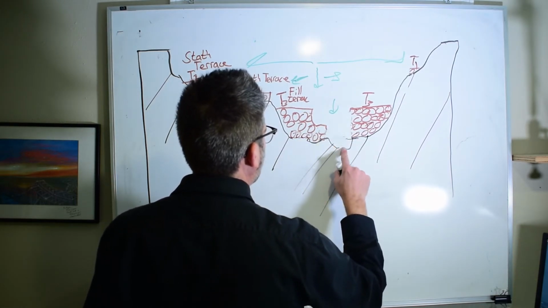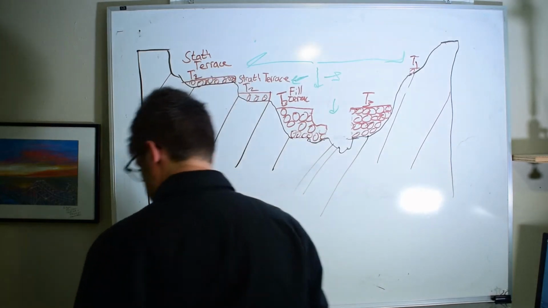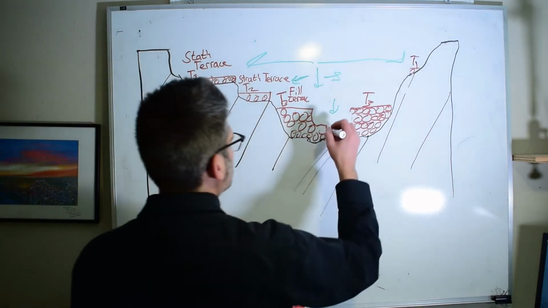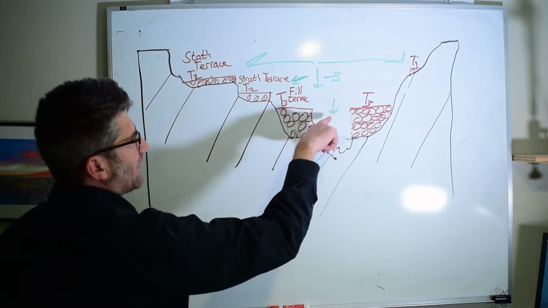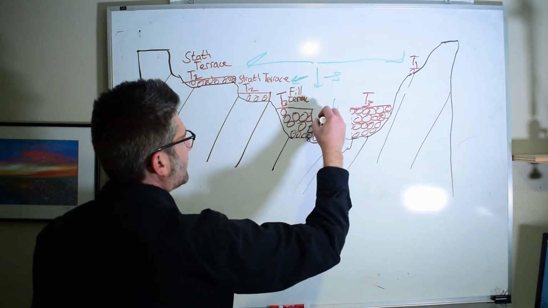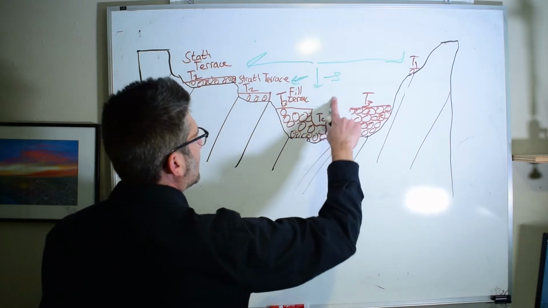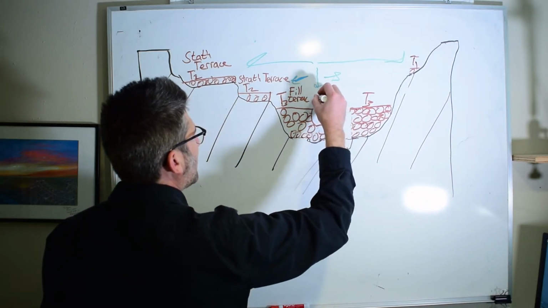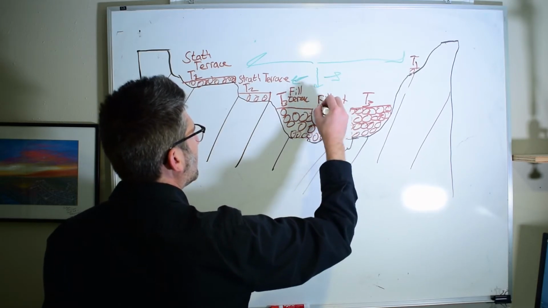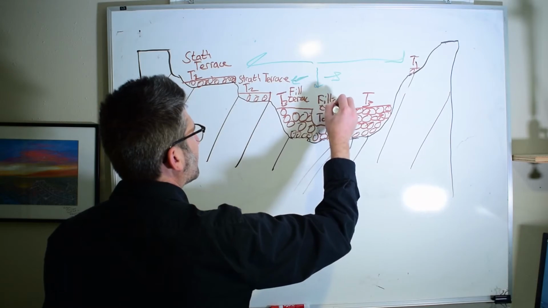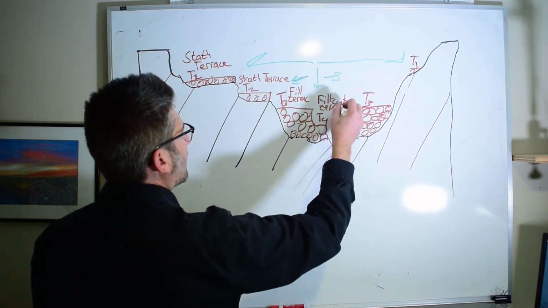There's our river channel right there. Notice right here, we've abandoned another terrace. This would be our T4. And this would be a fill cut terrace.